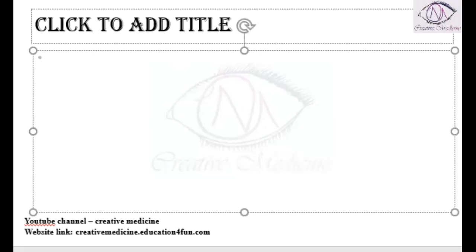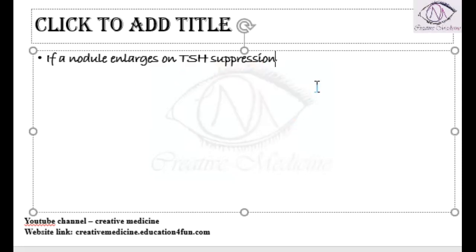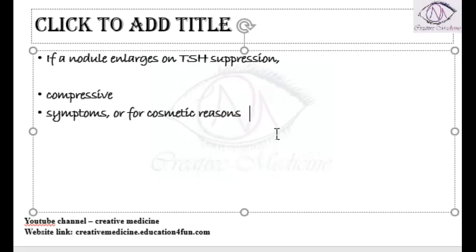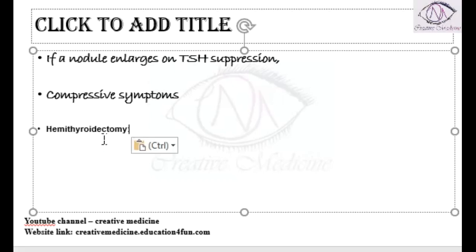But if in any case the nodule enlarges even on TSH suppression, that is, you have given thyroxine in the dosage such that the TSH is suppressed, but even after giving that, if the thyroid nodule enlarges and it causes compressive symptoms, by compressing either the trachea or esophagus, or if it has some cosmetic issues, then in both these cases a hemithyroidectomy is preferred in the patient.